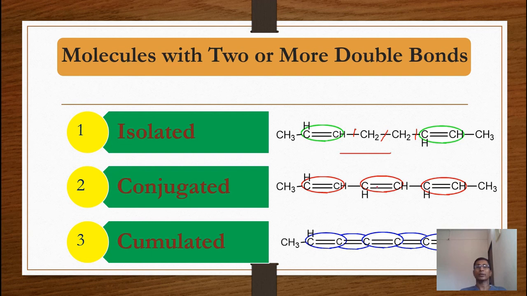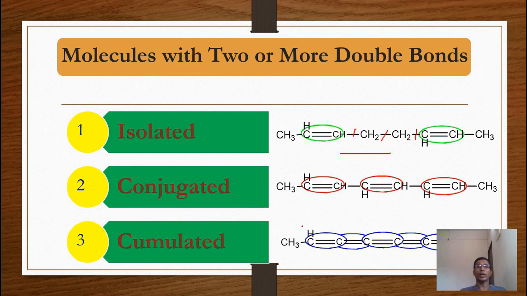In other words, the double bonds are separated by only one carbon-carbon single bond. Here is a double bond, then a single bond, again a double bond, single bond, double bond. It means the double bonds are alternate with each other.